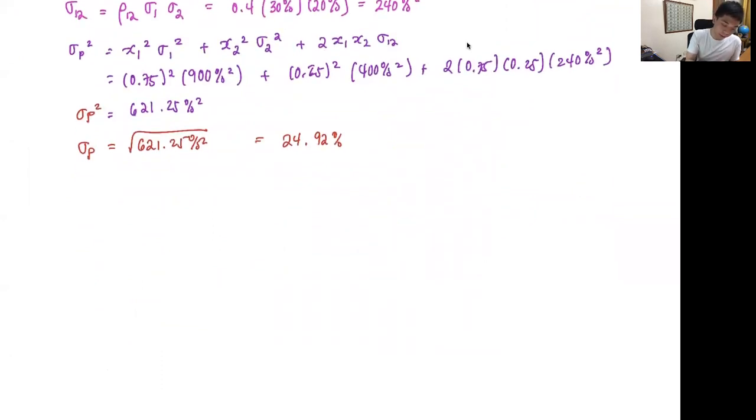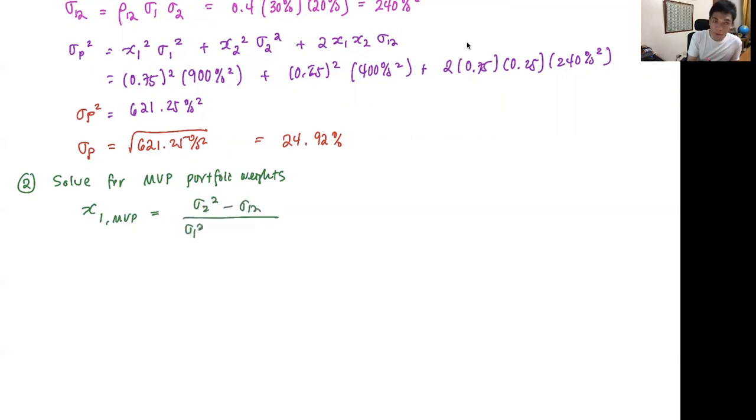So number 2, okay, let's do it in green. The first step that you need to do is solve for the MVP portfolio weights. And your MVP portfolio weights are just, remember the formula, x1 MVP is equal to sigma 2 squared minus sigma 12, all over sigma 1 squared plus sigma 2 squared minus 2 sigma 12, right?